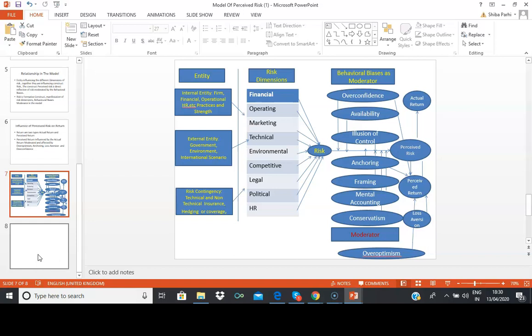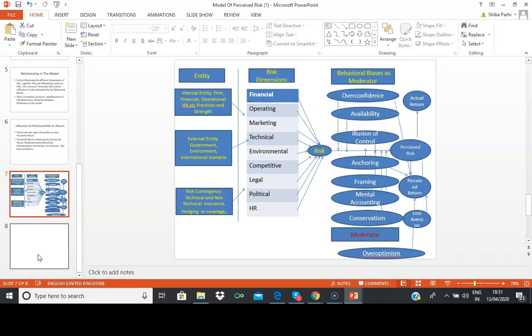And these three together are controlling the risk dimensions: the financial, operating, marketing, technical, environment, competitive, legal, political, and HR risk. And these risks are getting moderated on the basis of the behavioral biases: overconfidence, availability, illusion of control, anchoring, framing, mental accounting, conservatism.